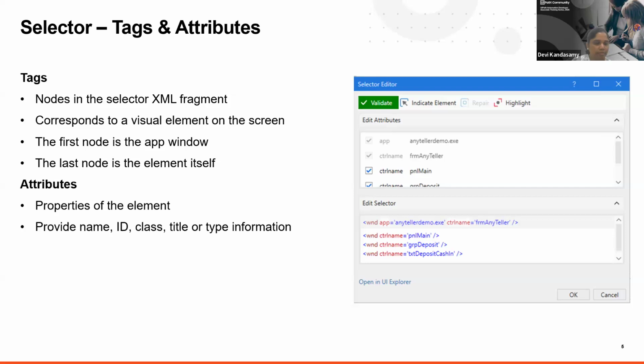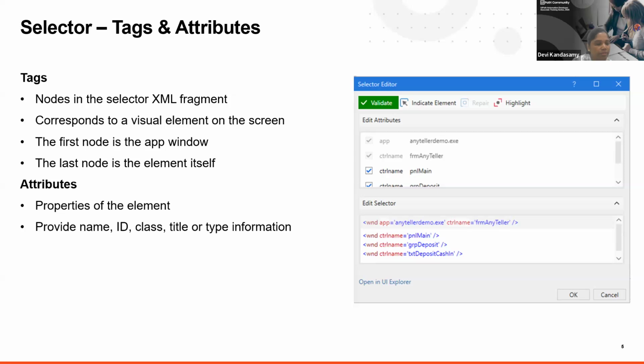In this example, the form AnyTeller is the first node, and it has an exe app attribute, which denotes the actual application itself. The last node represents the actual element. It has the control name txt deposit caption, so it is the actual text box that is of interest.